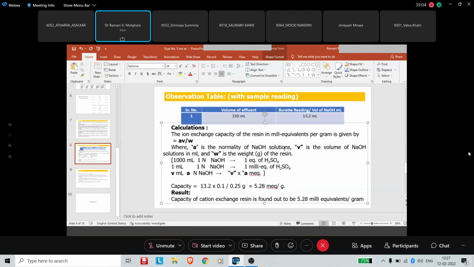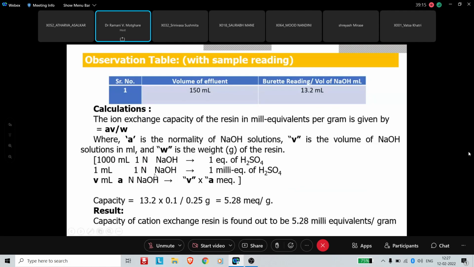So normality into volume of NaOH divided by the weight of resin taken, and you get the milliequivalents. So you substitute those things into this. What you get is the ion exchange capacity.